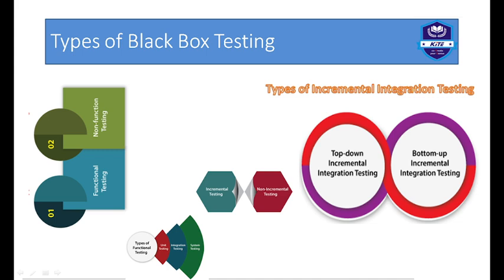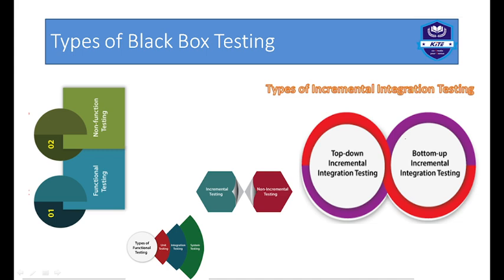Incremental integration testing is further divided into top down incremental integration testing and bottom up incremental integration testing. In top down incremental integration, only the submodules are added; there is no parent module. First the main module is tested using unit testing, and then the child modules, the submodules, are added and integrated with the main module, testing whether it still functions as per customer requirement.